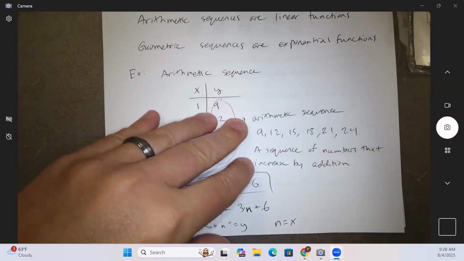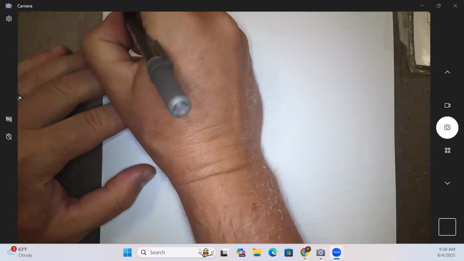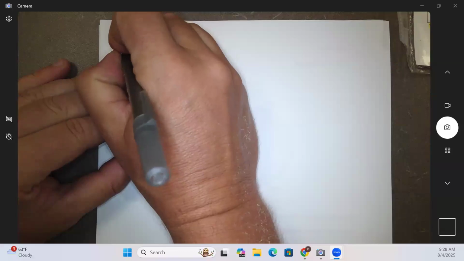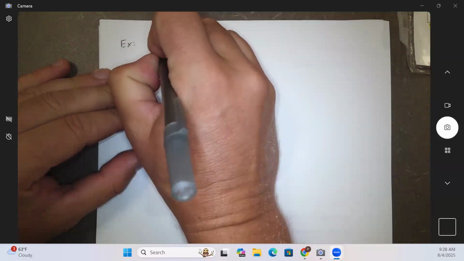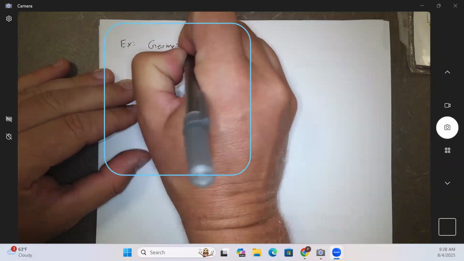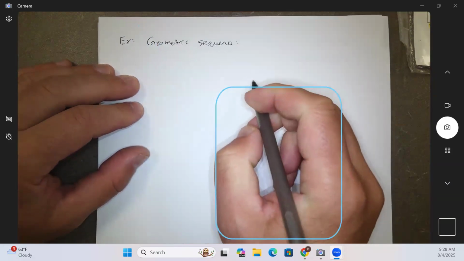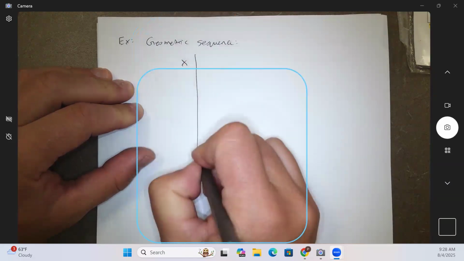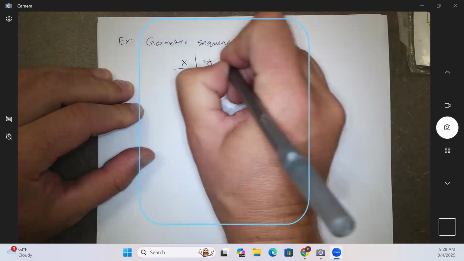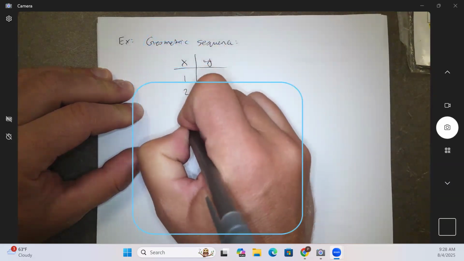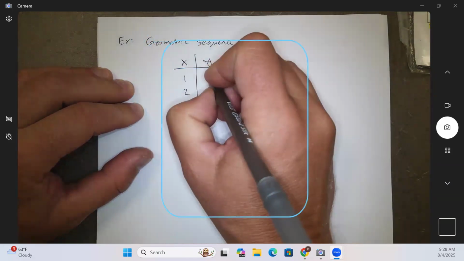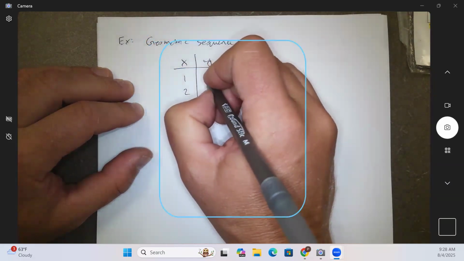Geometric sequences. If I said X and Y, and I had, let's see.